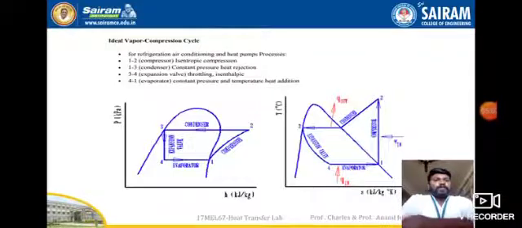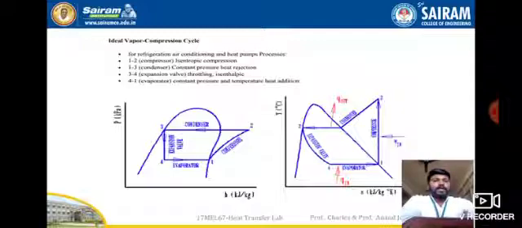The same thing is seen in the TS diagram, the temperature entropy diagram. The 1 to 2 process is isentropic, entropy remains constant, and in the 2 to 3 process heat rejection takes place in the condenser. In the condenser, condensation takes place from 2 to 3. 3 to 4 is an isenthalpic process, where enthalpy remains constant, and 4 to 1 is a constant pressure process that happens in the evaporator.